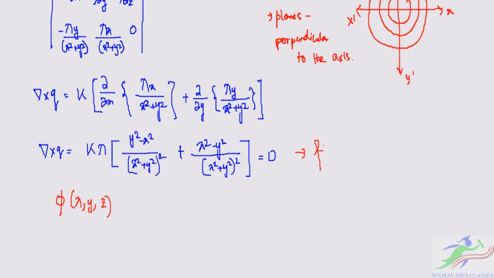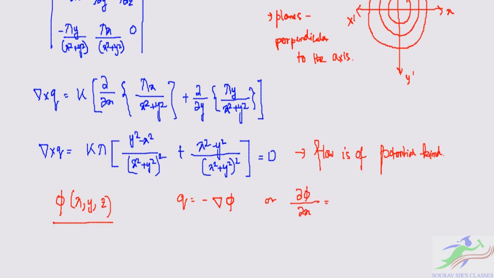The flow is of potential kind. So we can find the potential phi of x, y, z, where q is equal to minus grad phi. Or we can write del phi by del x is equal to minus u, which is lambda y by x square plus y square.